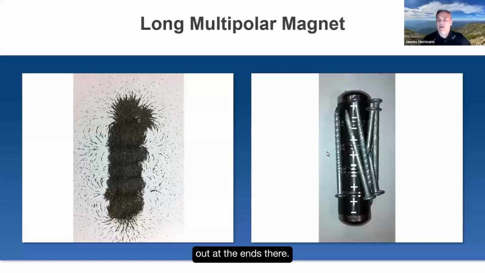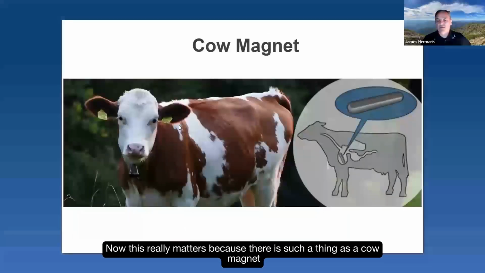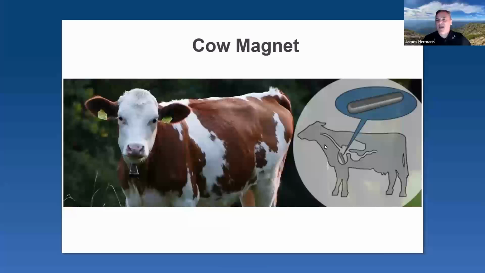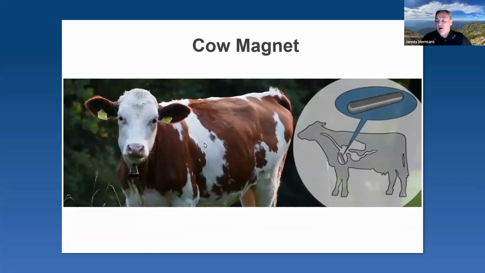Looking at the nails, instead of sticking at the ends of the magnet, the nails are now hugging the shaft very tightly. This really matters because there is such a thing as a cow magnet, and in certain areas where cows graze, there might be bits of metal in the pasture, whether it's barbed wire or a nail.